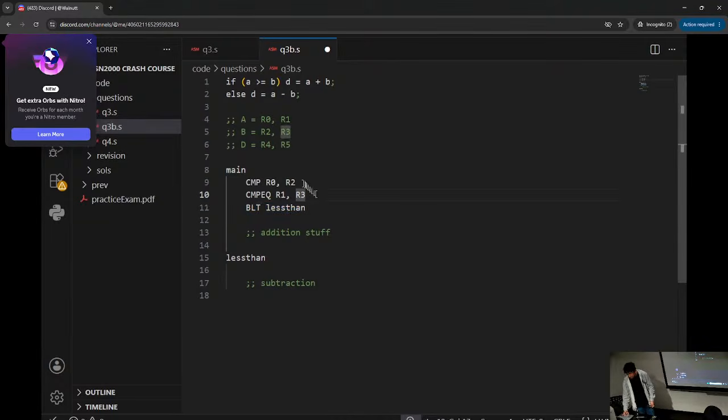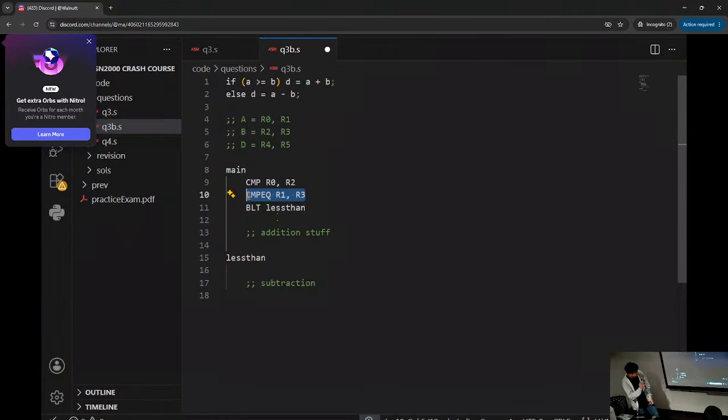So if the most significant bits were not equal, then the flags represent the comparison between R0 and R2. And if they're not equal, this line doesn't run, so the flags don't update, and the flags contain the comparison between R0 and R2.